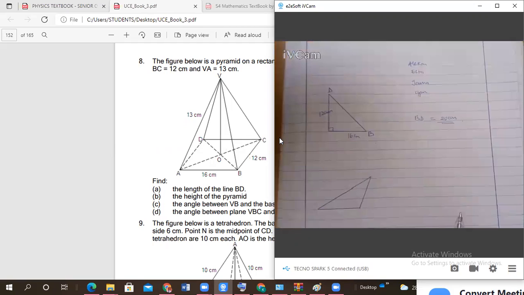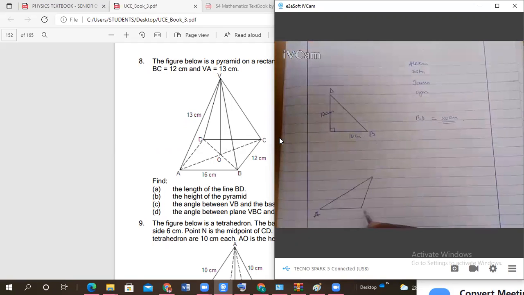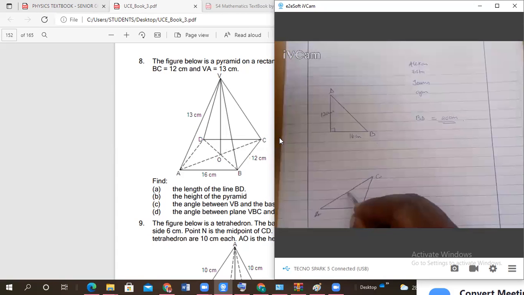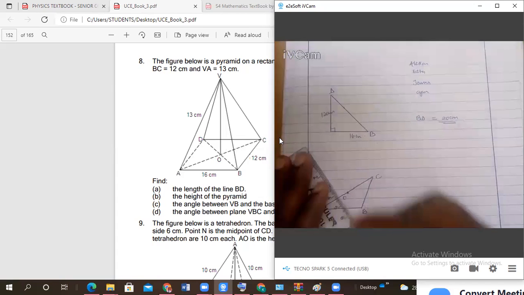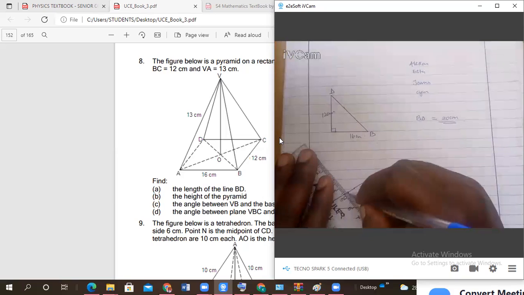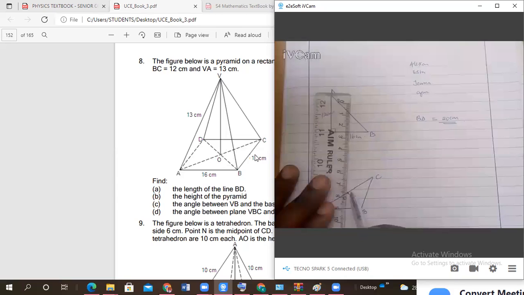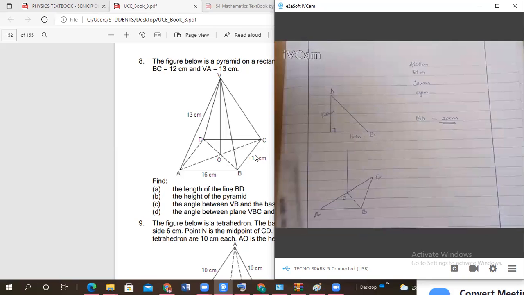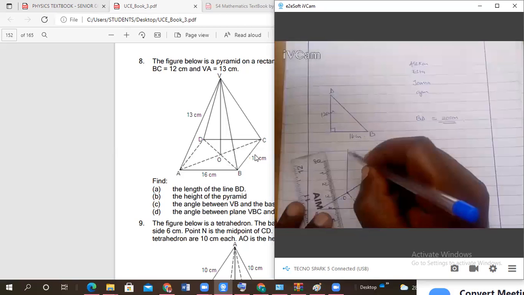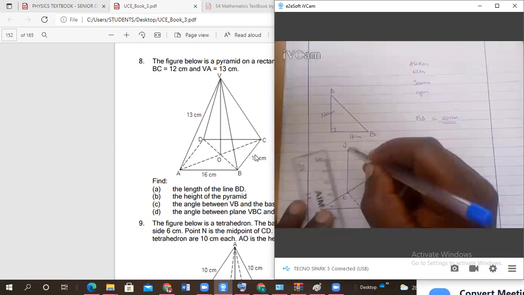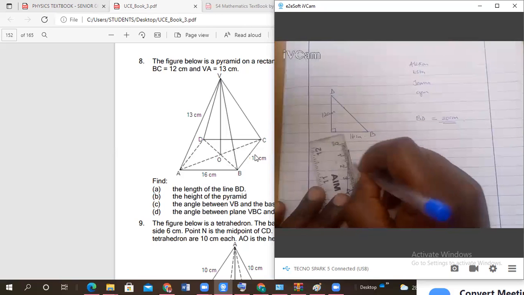That is triangle ABC, with a center O and dotted lines up to point B. She wanted to find the height of the pyramid, up to that point. This is V, and there was a line joining up to point A.